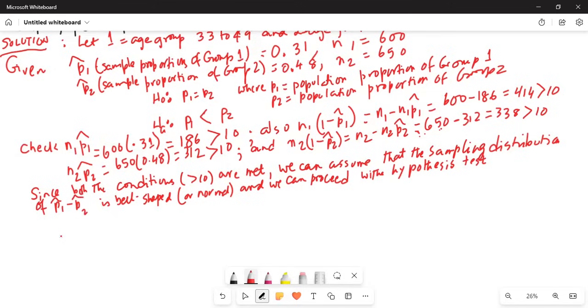Okay, so we want to calculate PC hat, which is a combined estimate of a common population proportion.